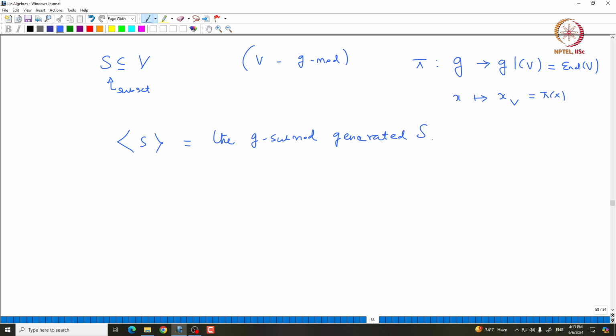Suppose I take a vector v in S and x in G, then we can look at x_V applied on v.